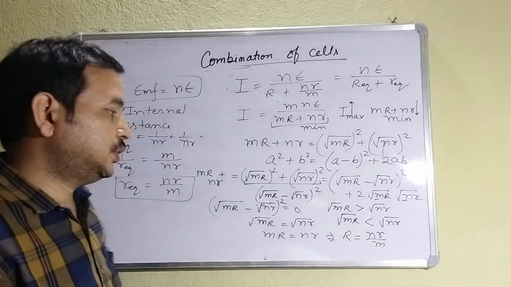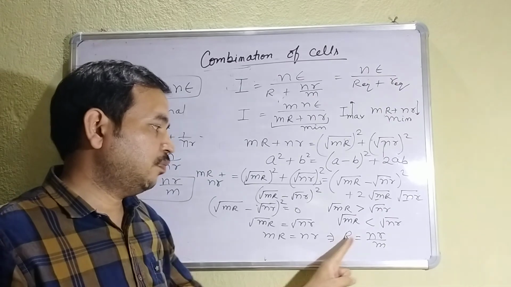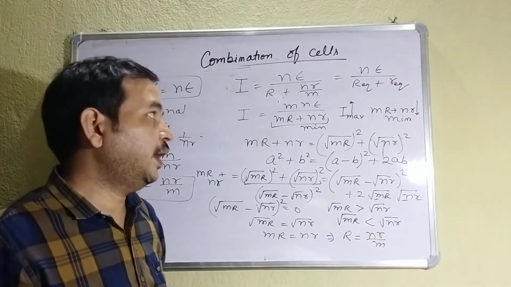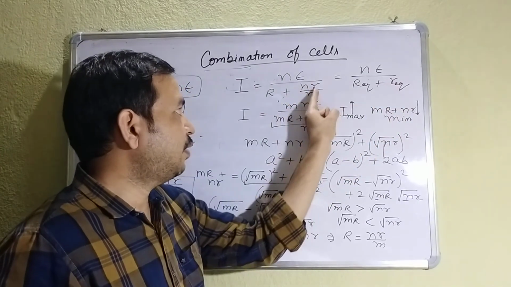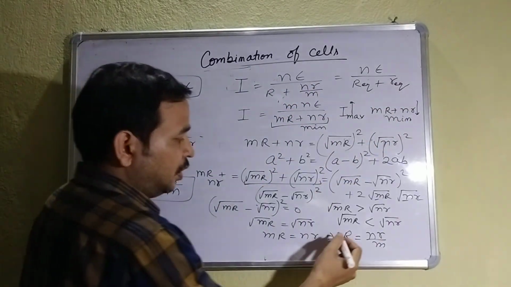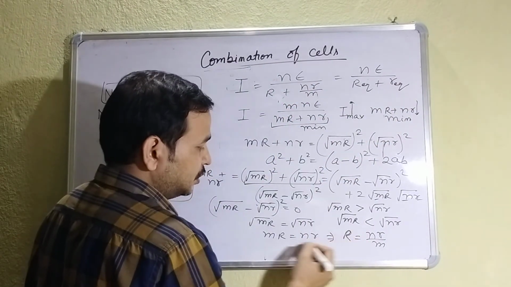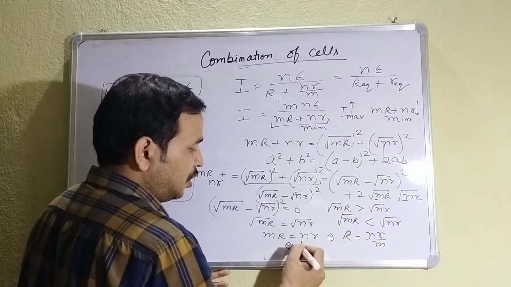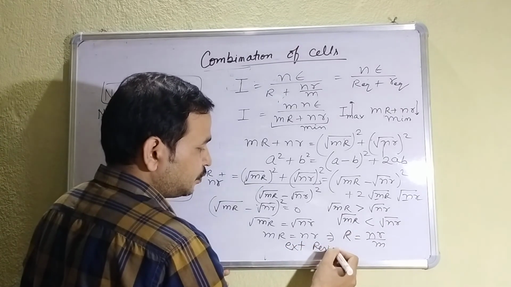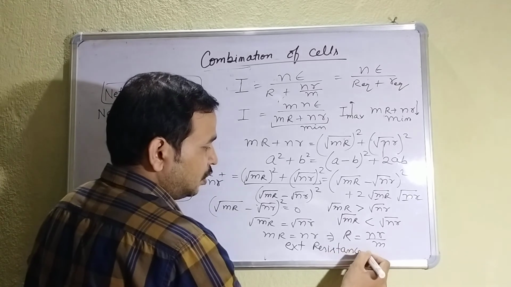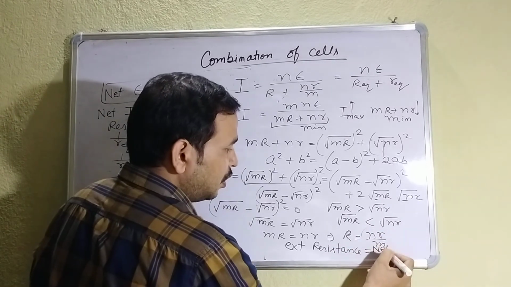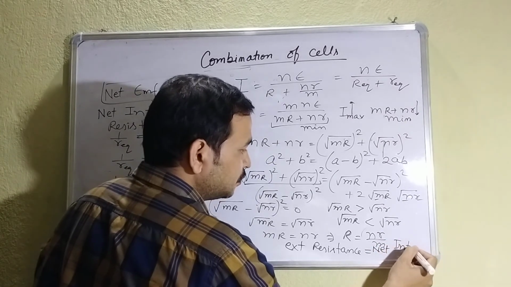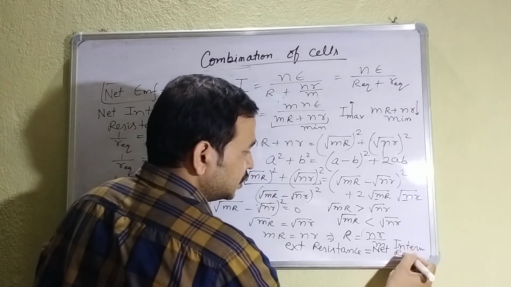We get the condition for minimum: R external must be nr by m. What is nr by m? You can see R equivalent is nr by m. So it means this external resistance is equal to the net internal resistance.